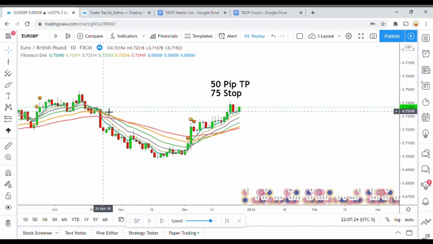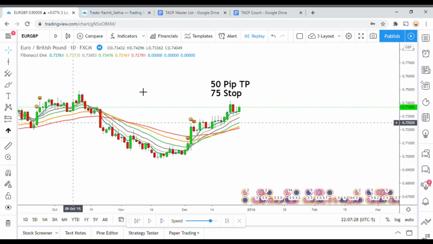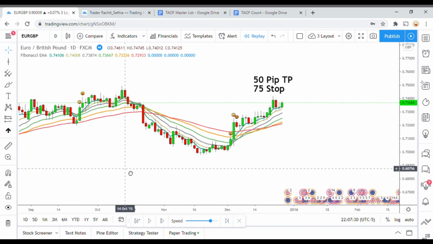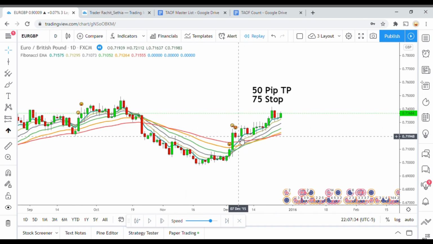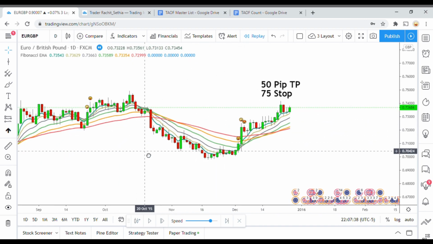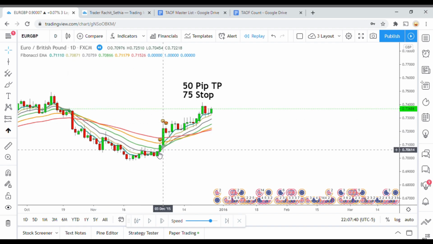And so again, you can see here the moving averages plotted. Once again they kind of fan out, similar to the alligator indicator, if you have seen that at all.